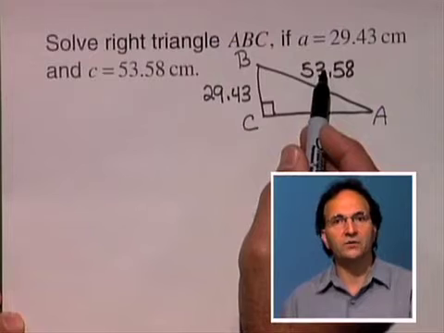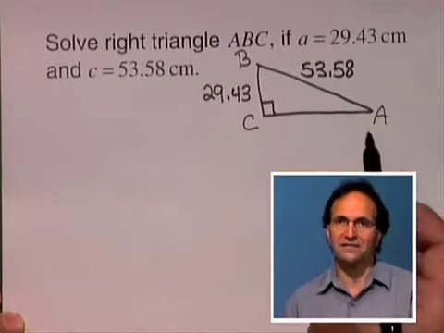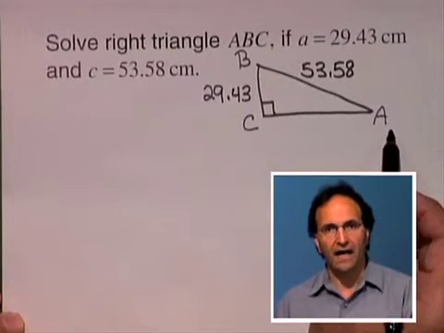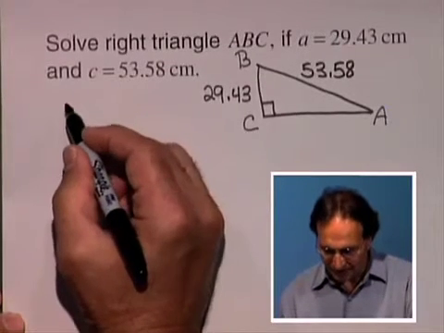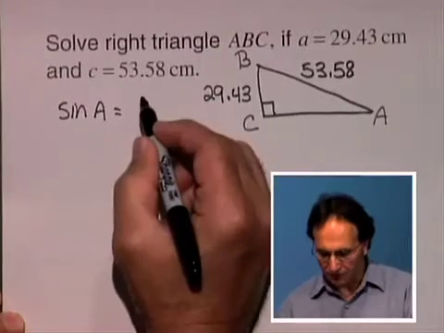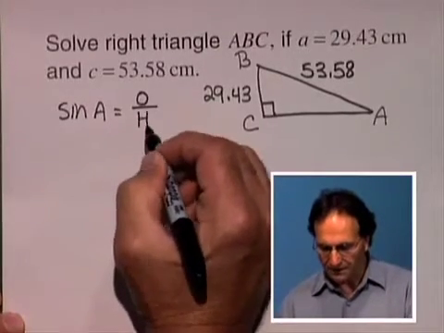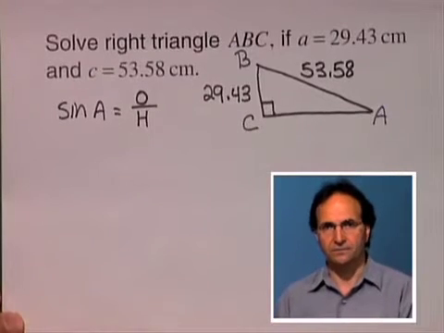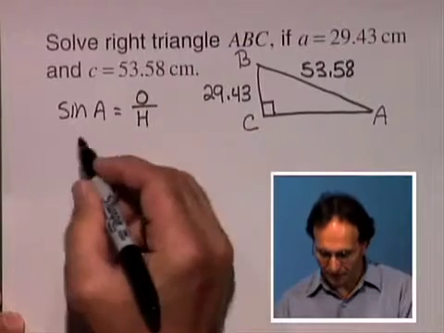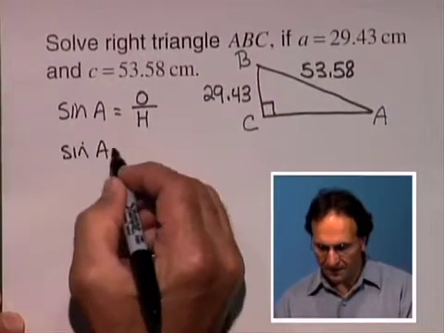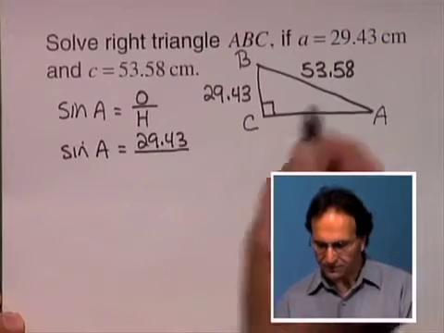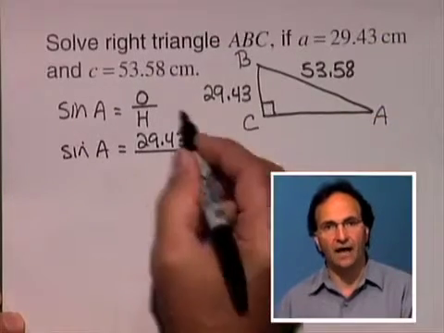And therefore, we can use the trigonometric function sine of A to find the value of angle A. We know that the sine of angle A would be equal to the ratio of the side opposite divided by the hypotenuse. And so we can substitute 29.43 for the side opposite and substitute 53.58 for the hypotenuse.